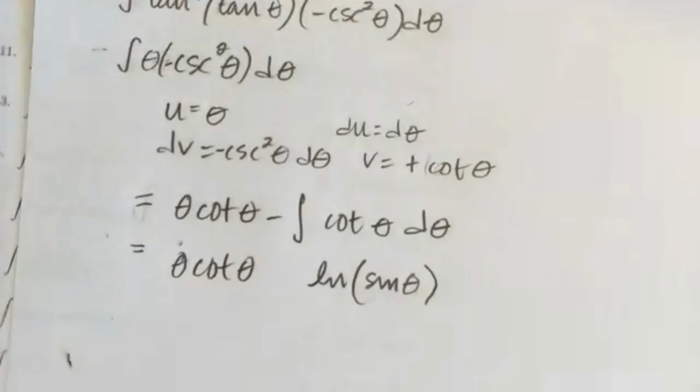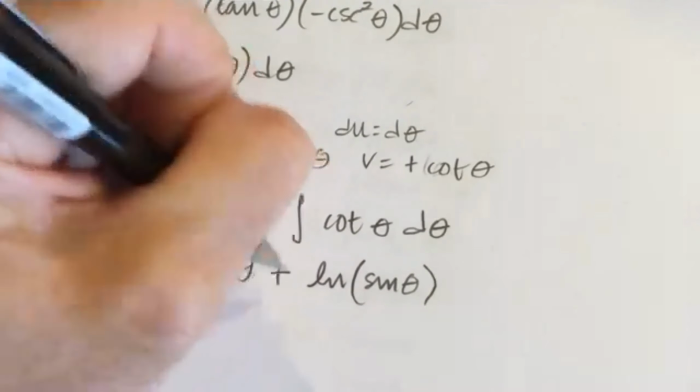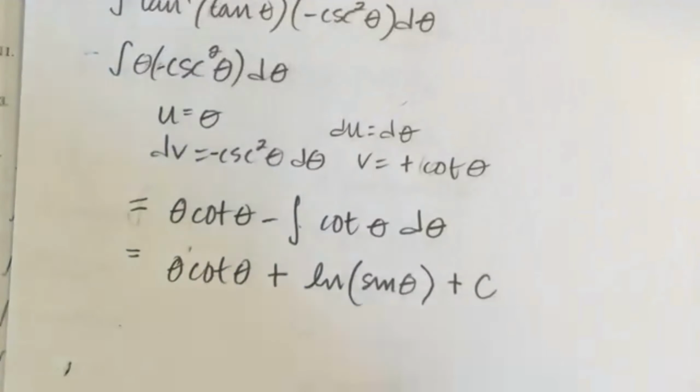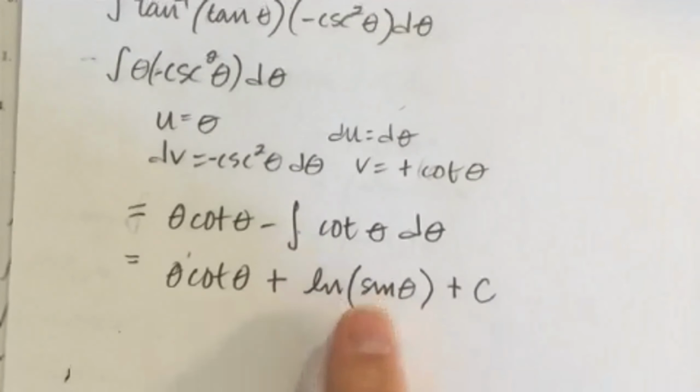Now we've got the cotangent, so I'm thinking it might be the natural log of the sine. We'll need another minus sign maybe. So this would be my guess. But it's a guess. You definitely have to check these signs and these functions, but I'm thinking this is pretty close. Of course, we'd have to put the theta back in, right?